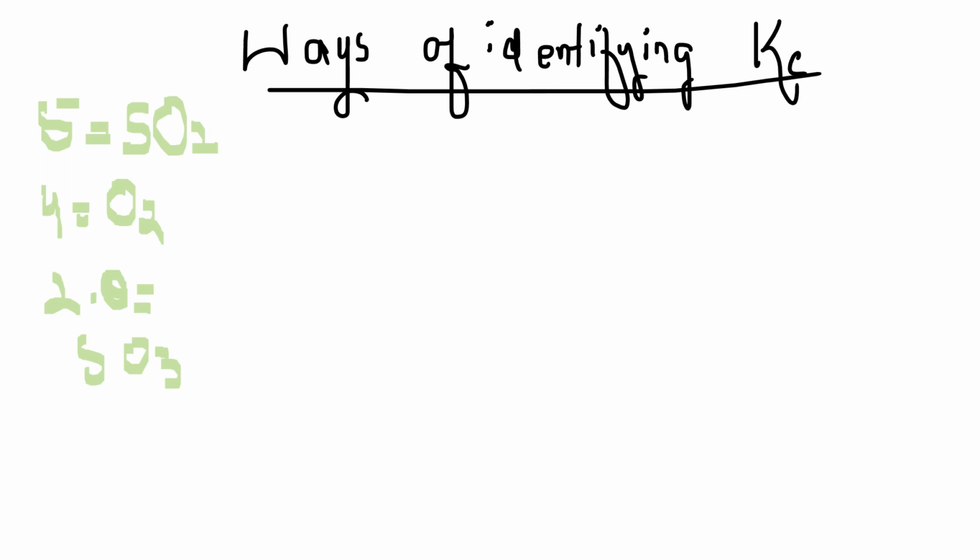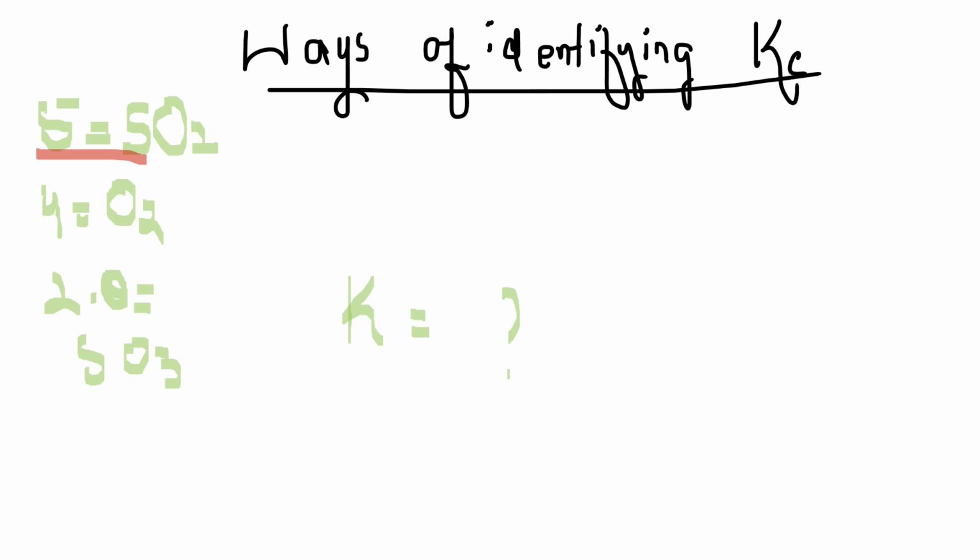At the equilibrium state, in a 2 dm cube flask, that was the condition given, that there is a flask of 2 dm cube, and you have to calculate the Kc. Now what you have to simply do is first write the reaction, in which we have 5 moles of SO2.